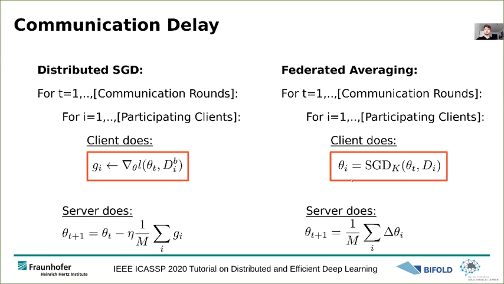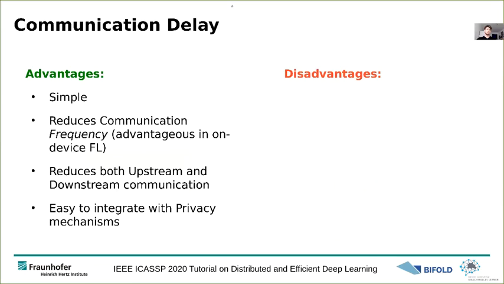By doing so, you can essentially bring down the amount of communication rounds by a factor of k, right? And then on the server, same thing happens. We average out the parameters that we obtain. So this should not be delta, this should be theta. Yeah, federated averaging, very nice idea, very useful. Has many advantages. First of all, super simple. You don't have to change anything about the entire algorithmic design.